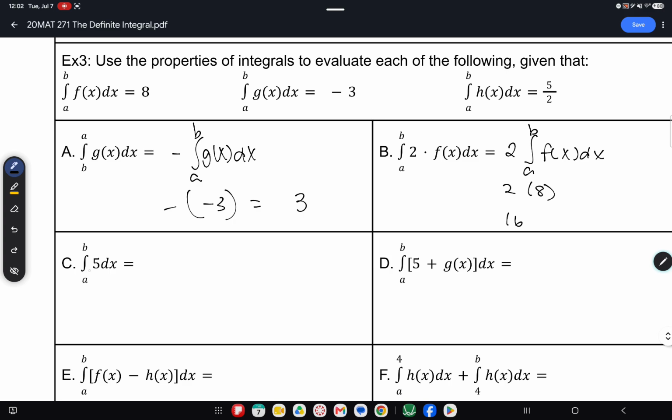All right, from a to b of 5, this is going to be 5 times that difference in the bounds. So it's 5 times b minus a.